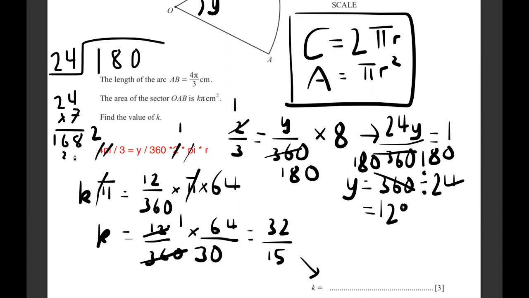Okay, but that doesn't really matter. Let's get rid of this then and put this in. So instead of that, I'm just going to put in that calculation of 180 divided by 24.